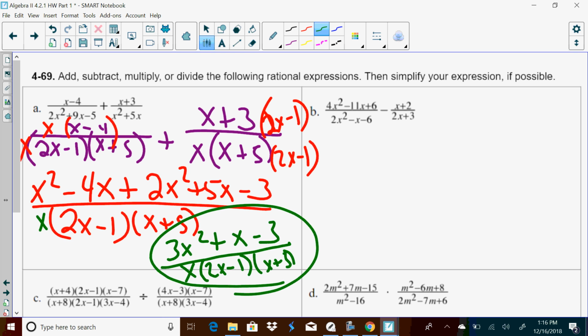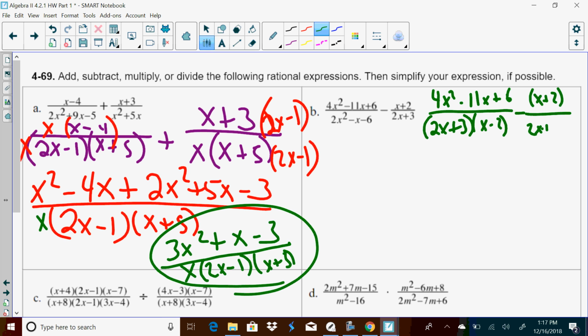This one I'm subtracting, so I factor again to see what I have to multiply by. And I get 4x squared minus 11x plus 6 over 2x plus 3 times x minus 2. So I only have to multiply the one side. I have to multiply this one by x minus 2. So on the top, I'm going to end up with 4x squared minus 11x plus 6. That's the difference of two squares.